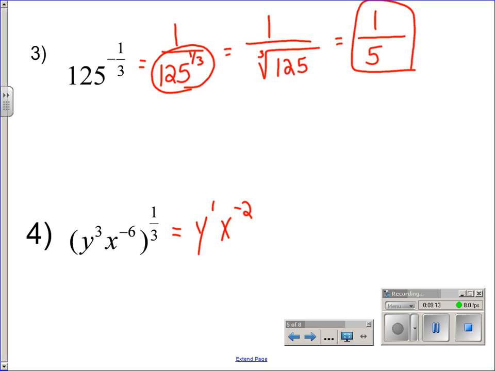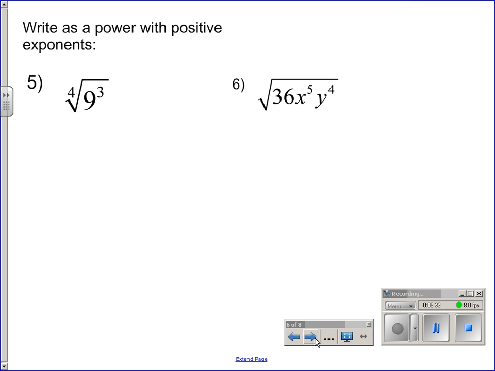Negative 2. Now rewrite it using positive exponents. The y is positive, so it stays on top. And then the x goes to the bottom with a positive exponent. Now you could have done it using the cube root also, and then simplifying. But when you have power to a power, just multiply through.